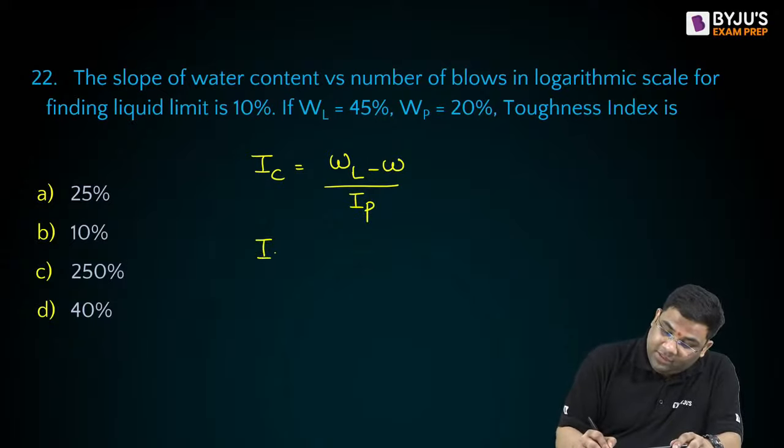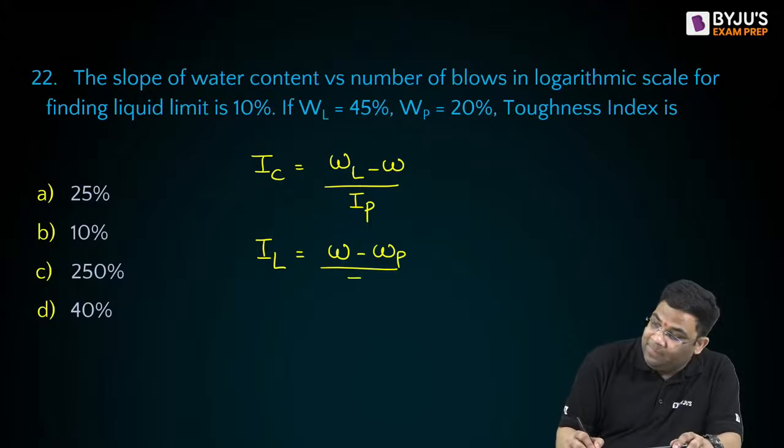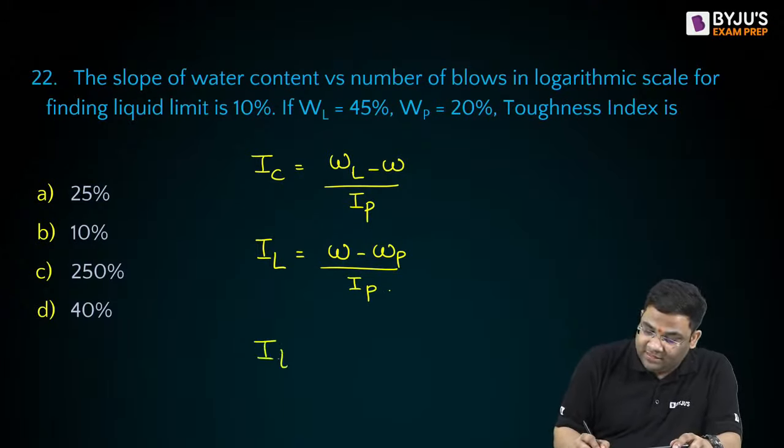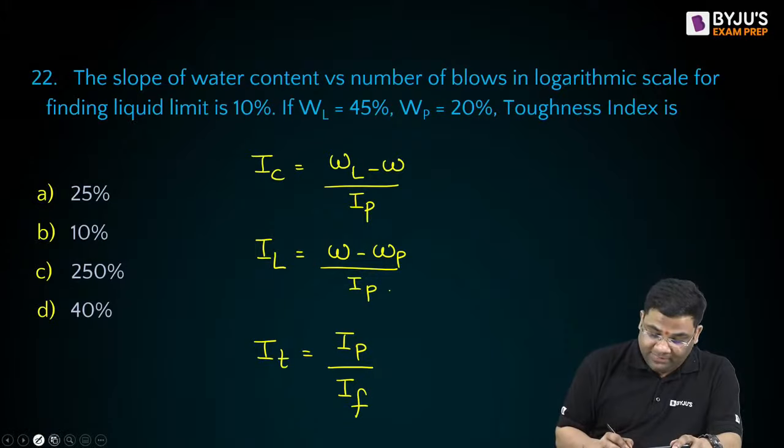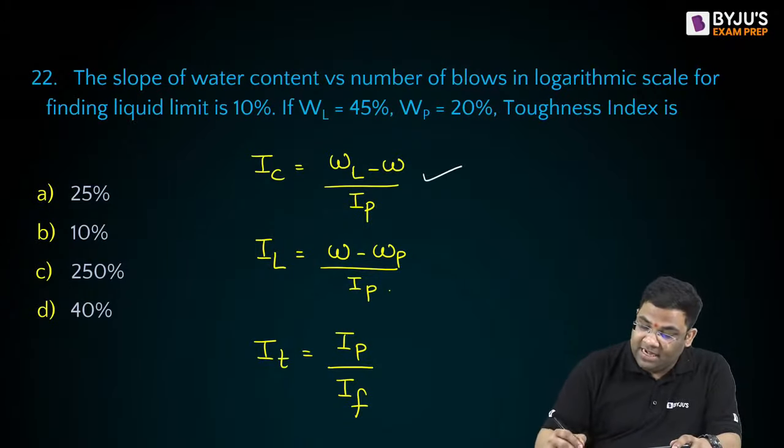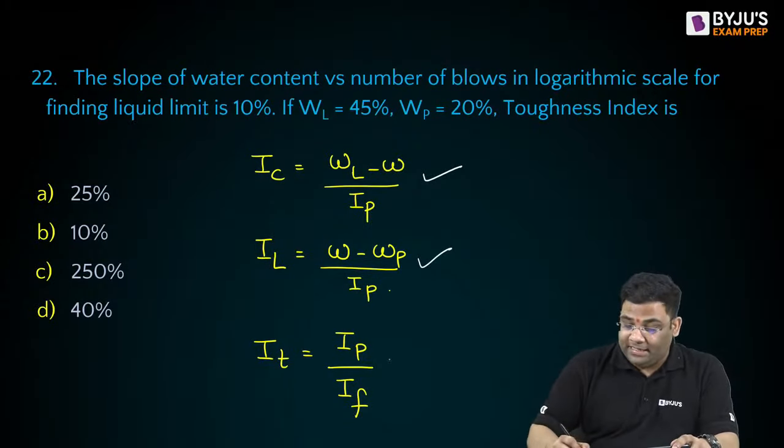Your liquidity index is water content minus plastic limit by IP. In your toughness index, this IP will be the numerator and your flow index will be in the denominator. Always remember this.